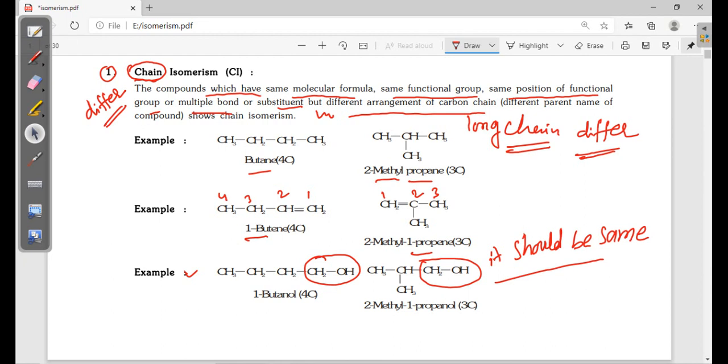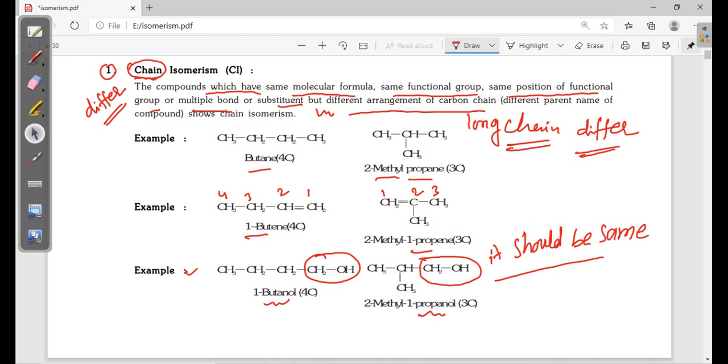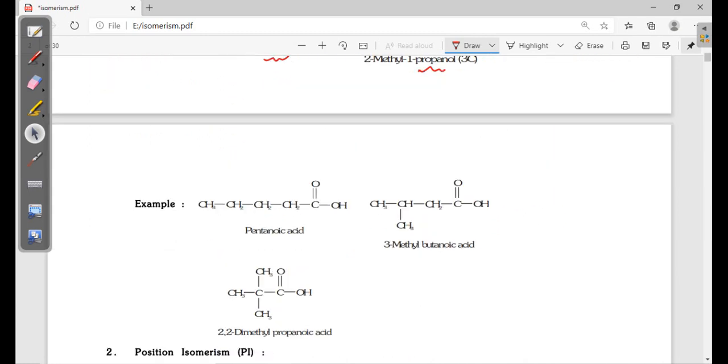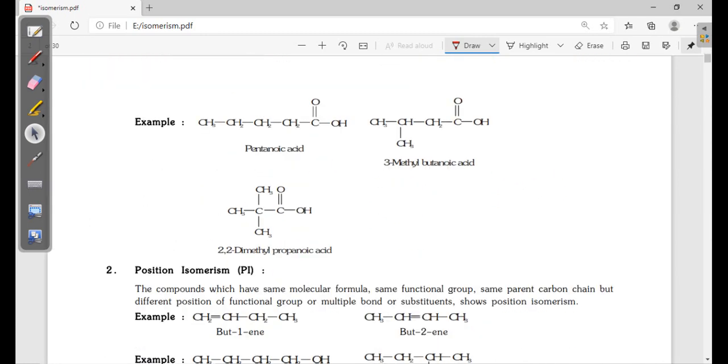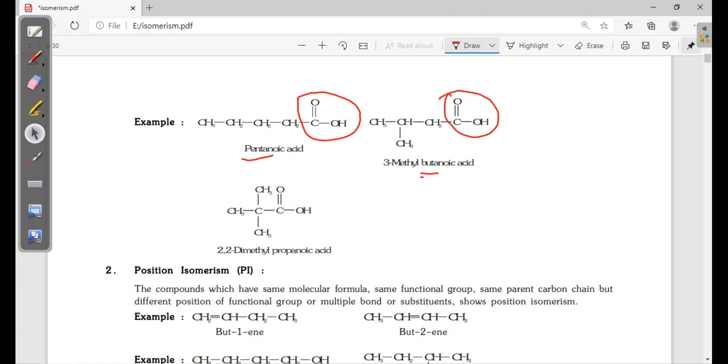Again, the long chain is different. So chain isomerism is like this. And one more example you can take: COOH, carboxylic acid, right? Here also carboxylic acid, here pentanoic, here butanoic. The long chain is different, but the carboxylic acid is the same.